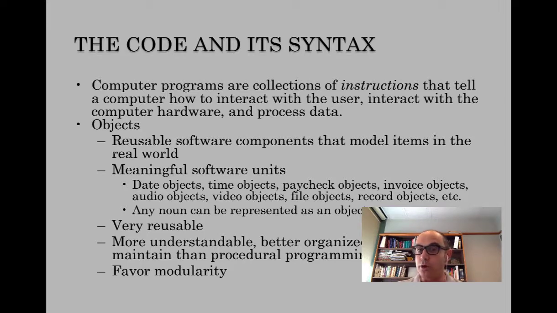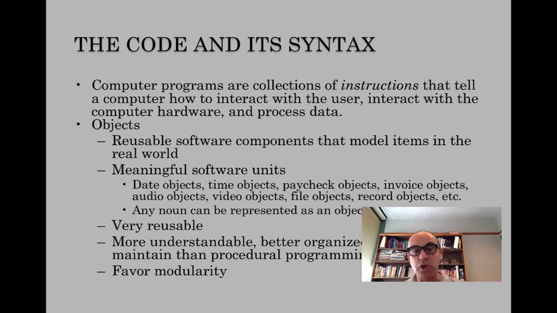A computer program is a collection of instructions. It tells us how to provide the interaction, how to set up the data set, how to interact with the hardware, and how to process the data. In this high-level language, we always have the object, which in the syntax that we're going to learn in this class is going to be a data object.